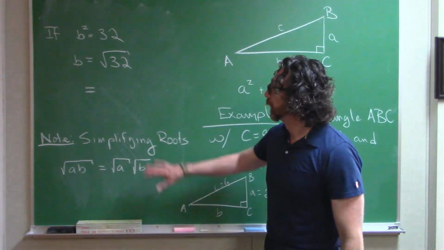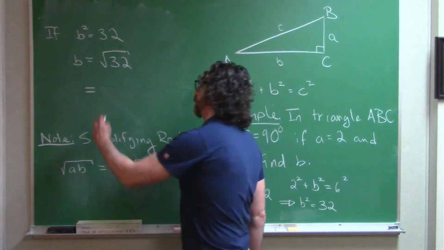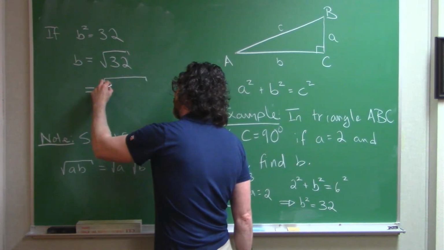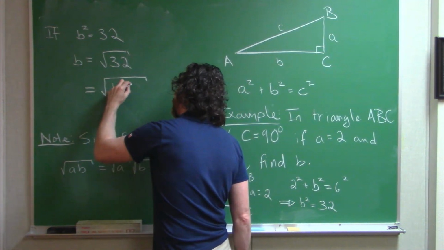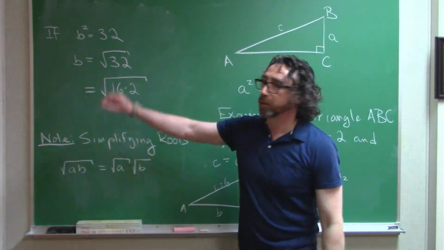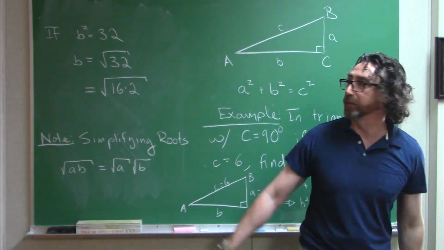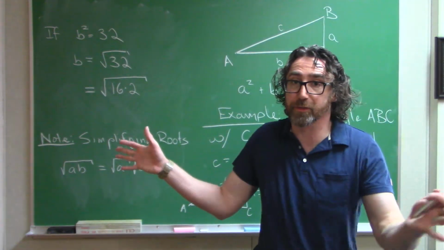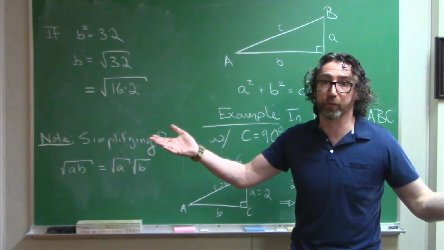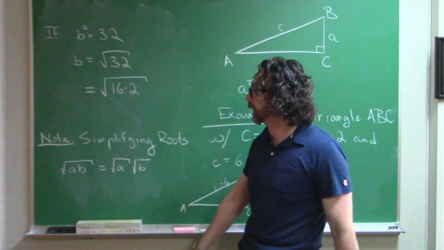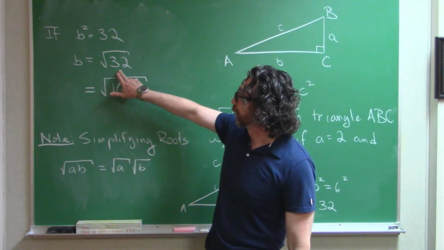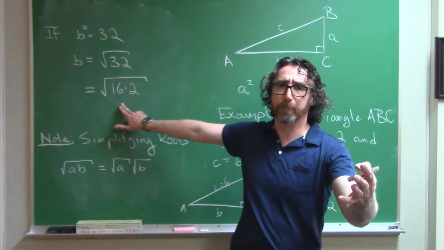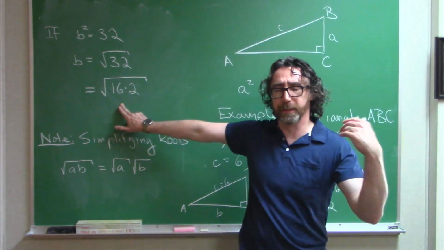Now, when you're simplifying a square root like this, what you want to do is think of the largest perfect square that divides into this number evenly. In this case, it happens to be 16. Sometimes you can't simplify it. If there are no perfect square divisors, we'll just leave it as it is. But in this case, 32 does have a divisor that is a perfect square. And when I say perfect square, I mean square of an integer.